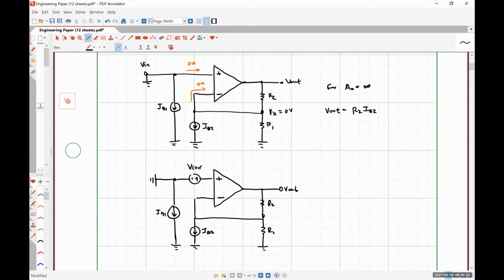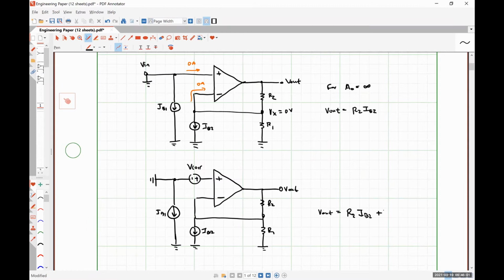So let's use superposition, okay? Let's turn off V correction. What is our output? The exact same thing we have above, because it's the exact same circuit, right? So we're going to have R2 times IB2. Now let's turn off IB2.